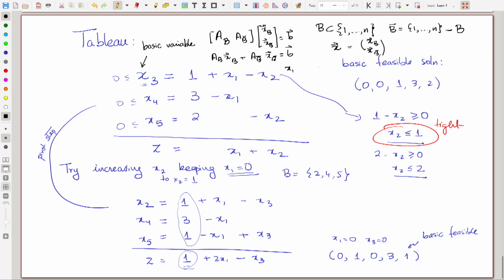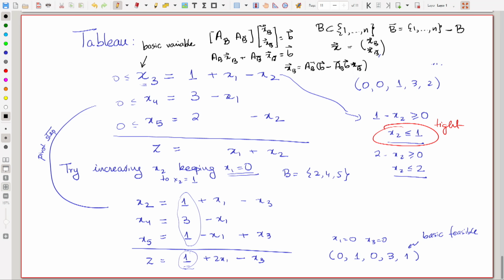And this allows you to write x_B as A_B inverse times b minus A_B bar x_B bar.